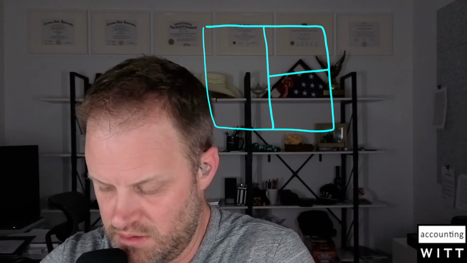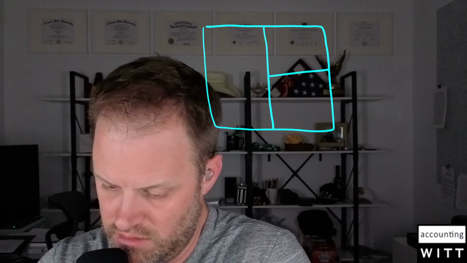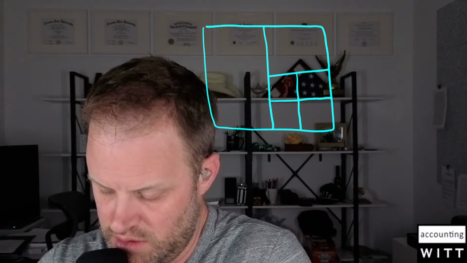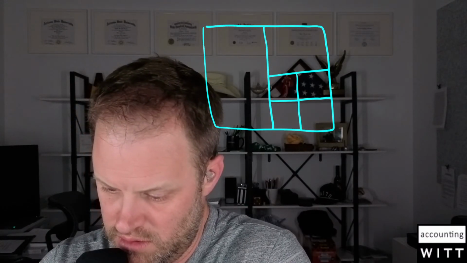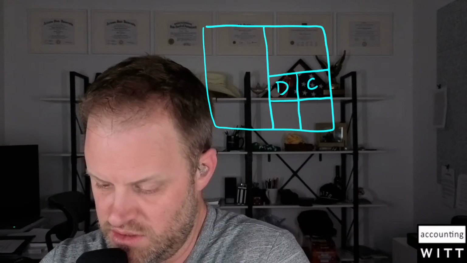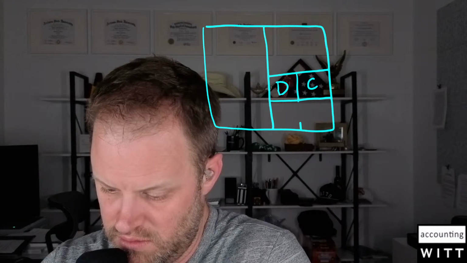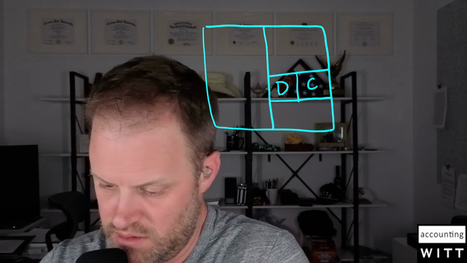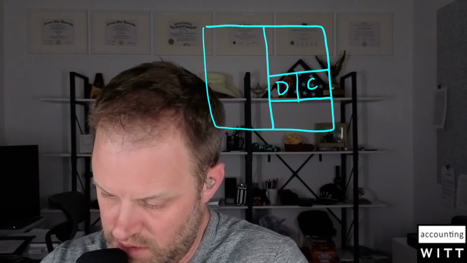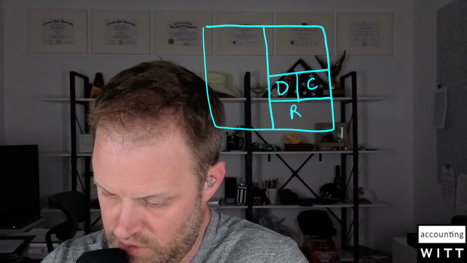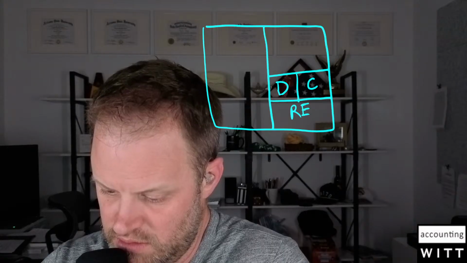So we're going to have the balance sheet. But on here, we're going to show contributions, distributions, and then we'll just call this retained earnings.